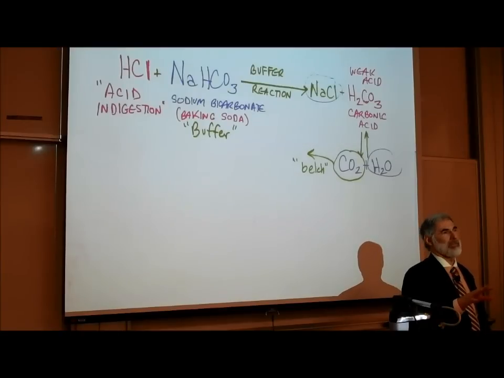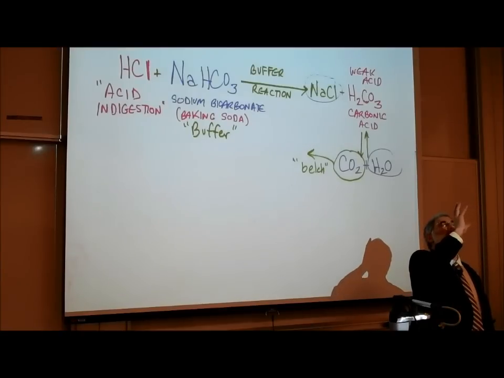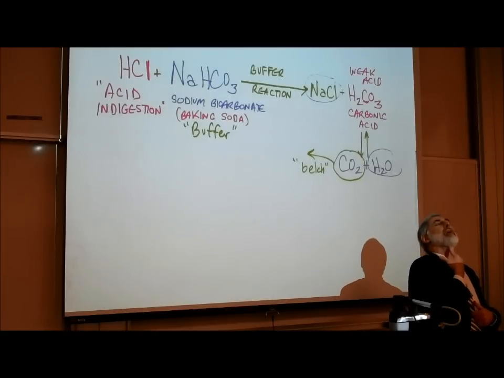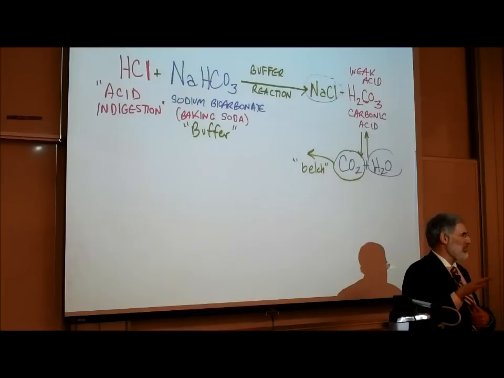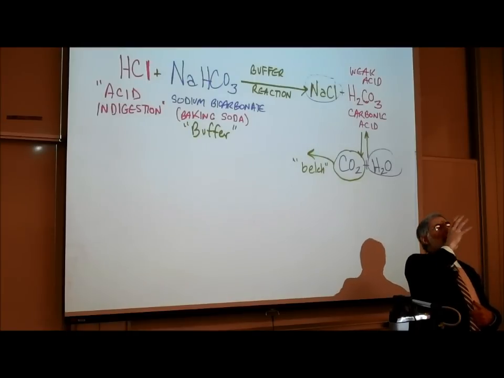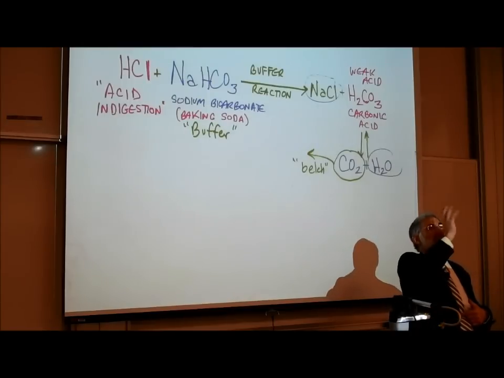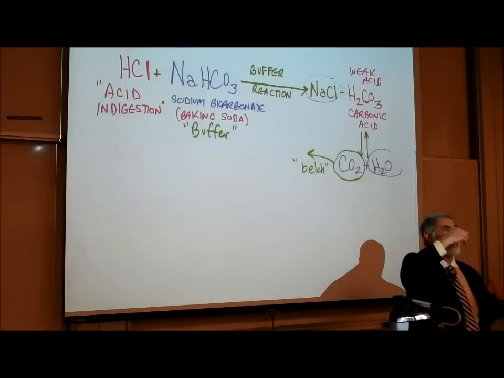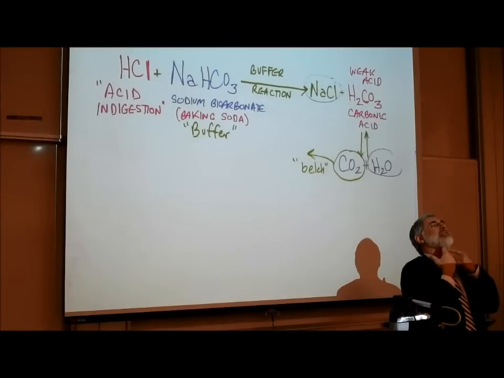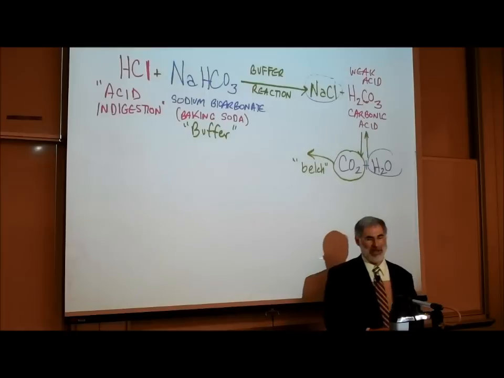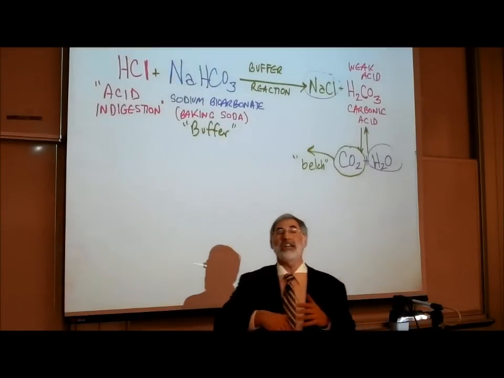Here's the problem. Before that sodium hydroxide, that Drano, reaches the hydrochloric acid, it'll dissolve right through your throat. You see the problem? We've got too much acid in our stomach, but we can't drink a strong base because it'll dissolve through our entire throat and esophagus before it makes it to the hydrochloric acid in the stomach. So we can't just try to neutralize.